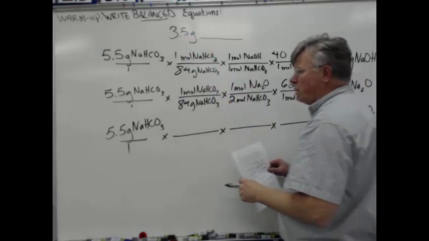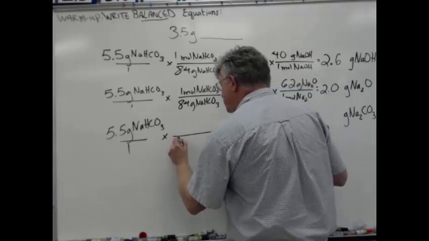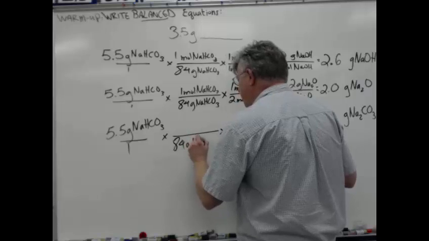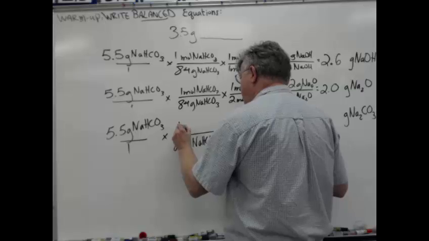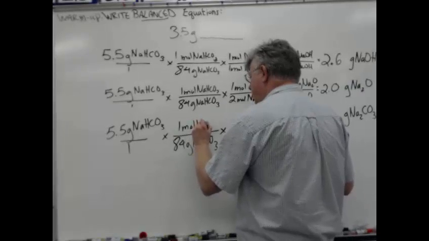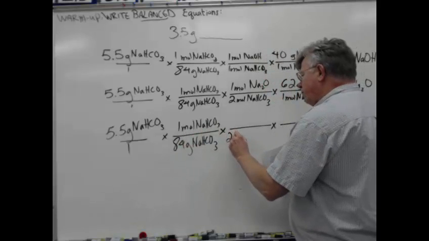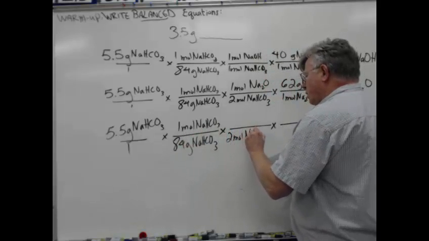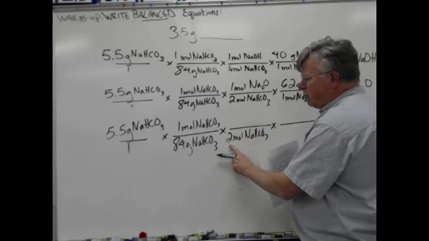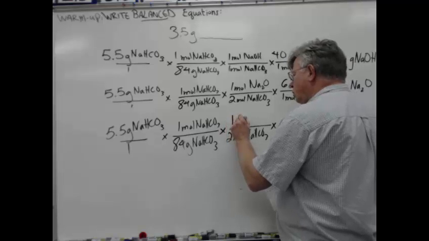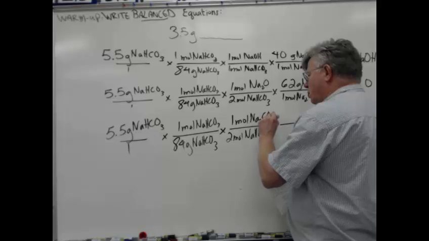Finally, we have this one where I'm going to make sodium carbonate. So again, the same value would go here. The mole ratio, like before, is 2 moles of sodium hydrogen carbonate. That's coming from the balanced chemical reaction, would make 1 mole of sodium carbonate.